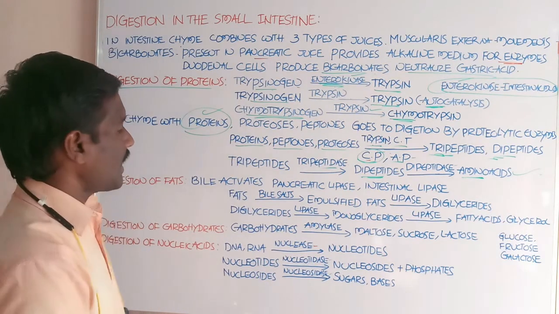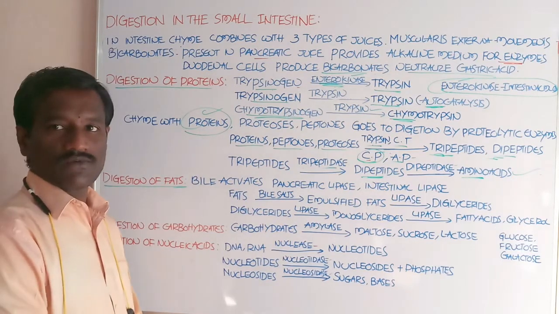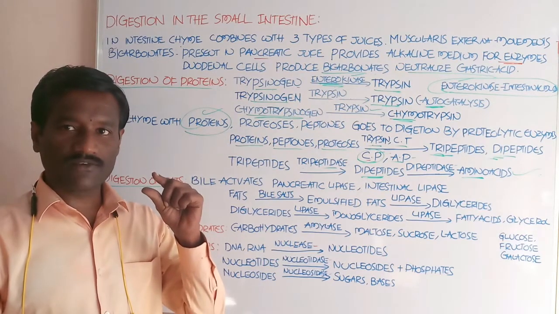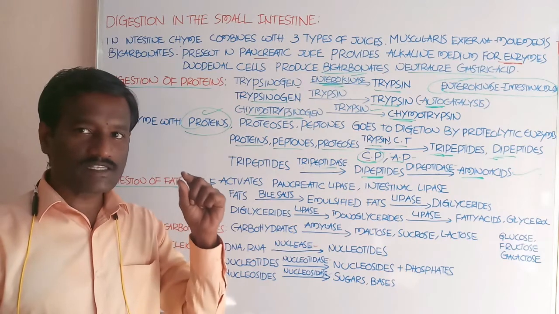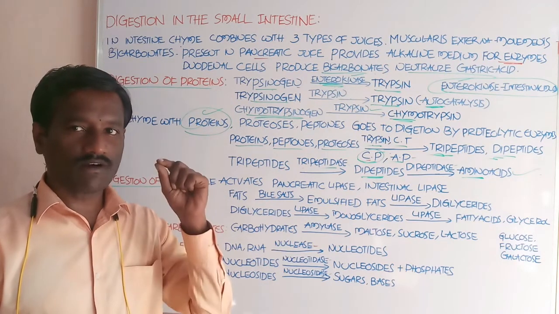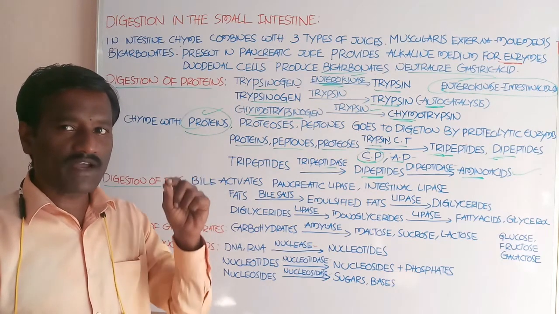And what about the digestion of the fats? Bile is secreted from the liver and reaches the first part of the small intestine, the duodenum. The bile juice combines with the food particles.